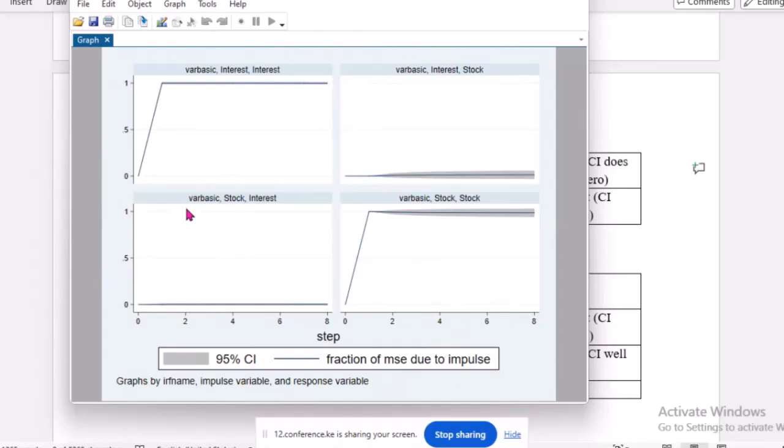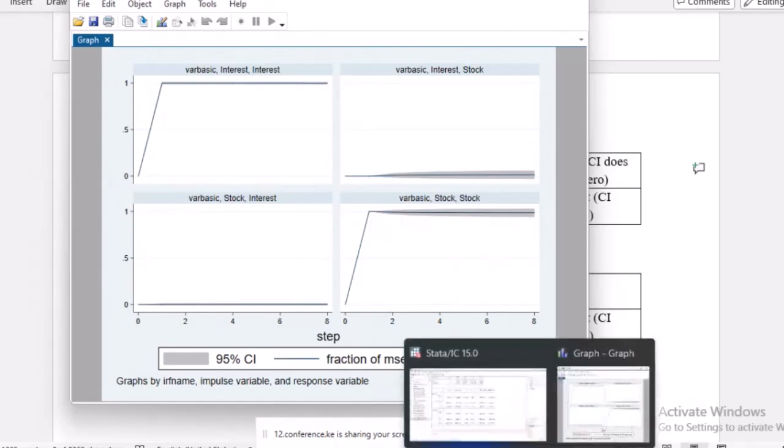And then if we go to the last one, if we shock stock, how is the forecast error of stock affected by a shock on itself? It is very high. You can see it is almost 100%, though it dies out slowly. And that is how we interpret the variance decomposition.